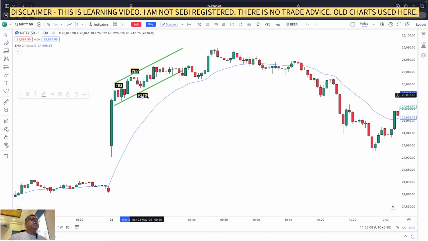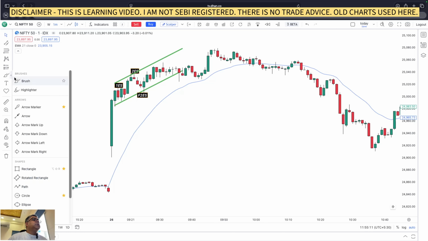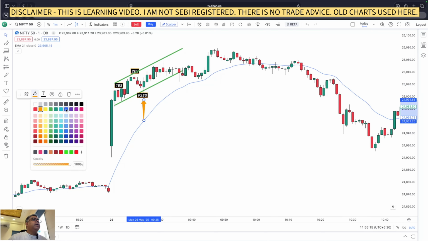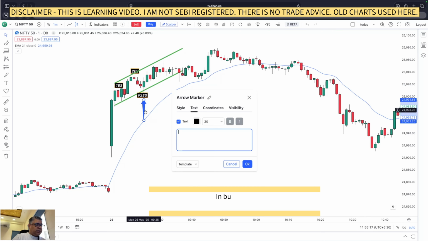This is failed second entry short at trend line, and this is the first high probability setup at key entry point. This is HPS at KEP. It is a failed second entry short at trend line.